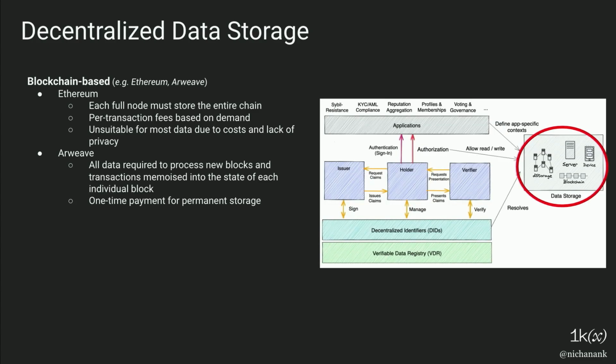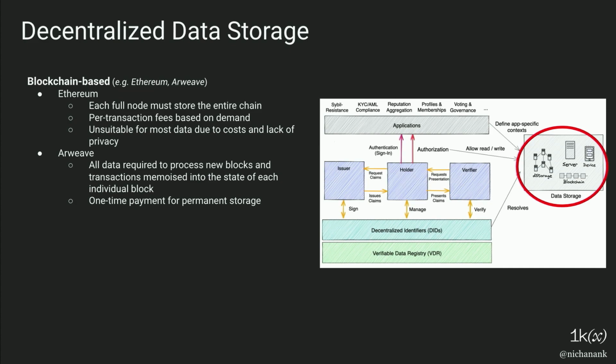So in terms of decentralized data storage, we have blockchain-based storage like Ethereum and Arweave, where the intuition here is that each full node has to store the entire chain and users pay transaction fees based on demand. But Ethereum is unsuitable for most data due to high gas costs and lack of privacy, because data is immutable by default.